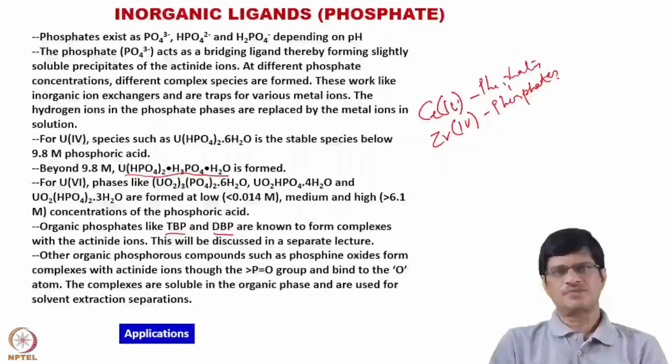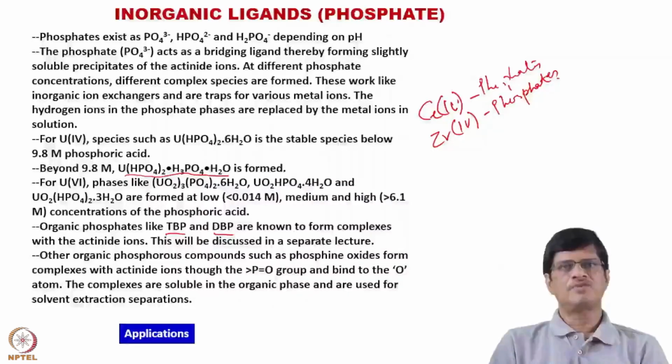As will be discussed later, this is the mainstay of the Purex process, where the complexation of uranium 6, that is the uranyl ion, and plutonium 4 takes place with TBP, and it is extracted into the organic phase, leaving behind all the fission products and all trans-plutonium elements.